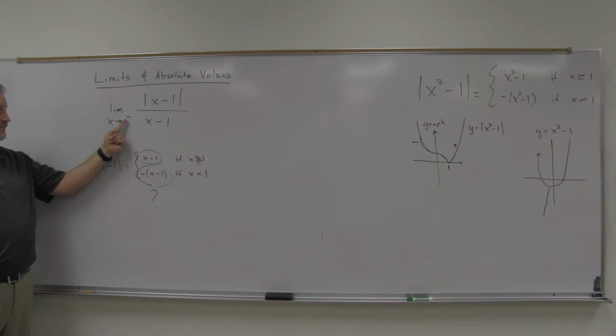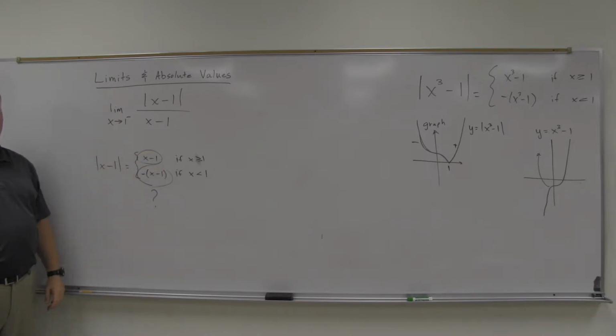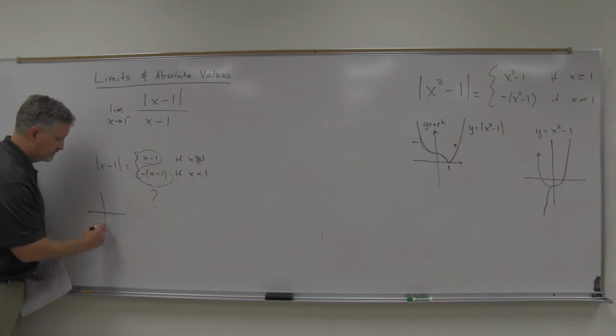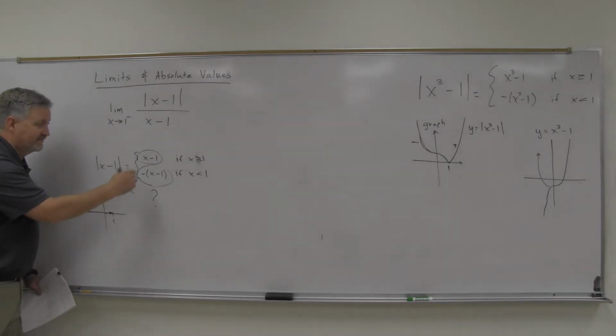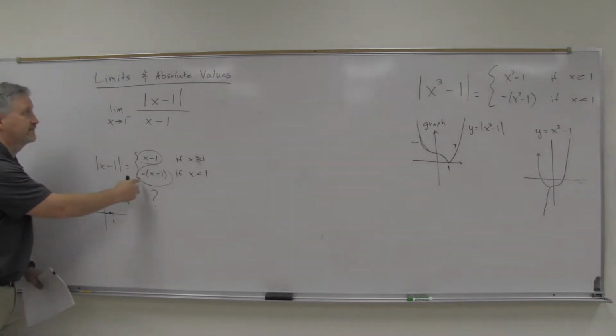Well, I want to go to 1 from the left. Is that the greater than side of 1 or the less than side of 1? I'm approaching 1 on the x from the left. That's the less than side of 1, right? So I'm going to use the minus of the x minus 1.